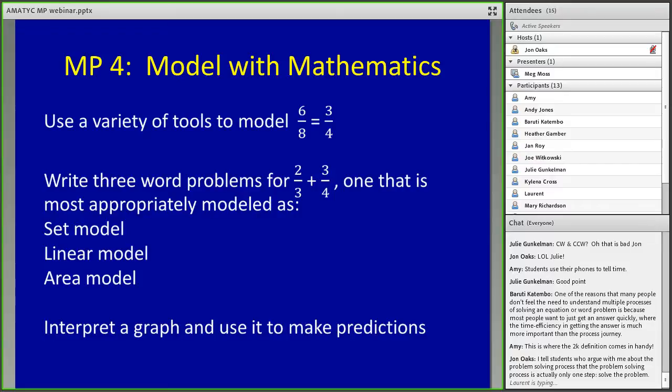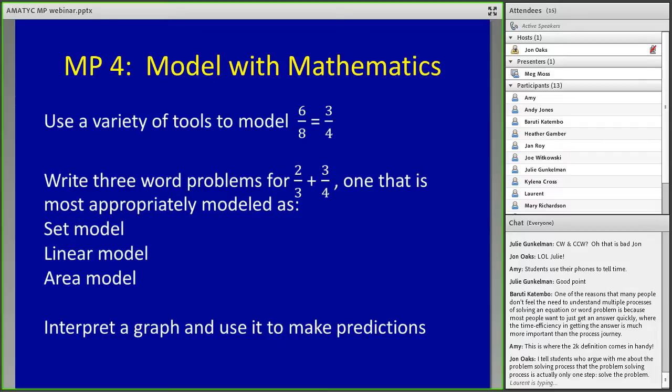So here are just a few examples of ways I've tried to get my students to this. Like I say, so many of these are interrelated. The way I introduce fractions, my first day of fractions, is I give them a whole bunch of manipulatives, might be pattern blocks, circles, squares, base 10 blocks, a ruler, whatever.